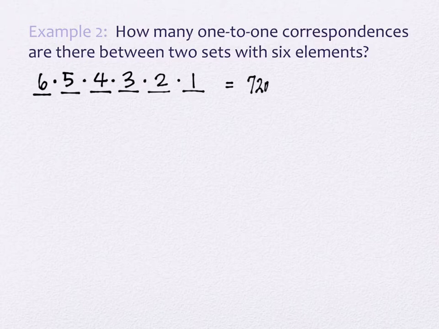There are 720 possible correspondences. 720 pairings, if you wish. Right? I mean, each individual girl only has 6 choices, but because they all have choices, this gets fixated.